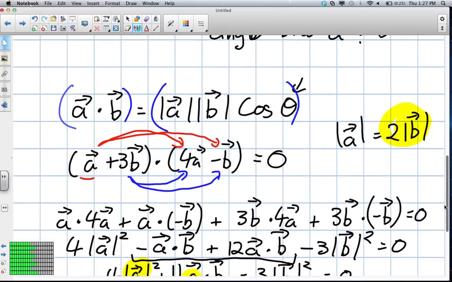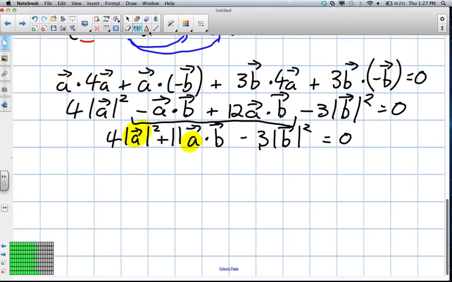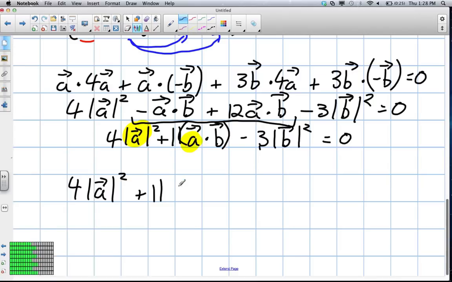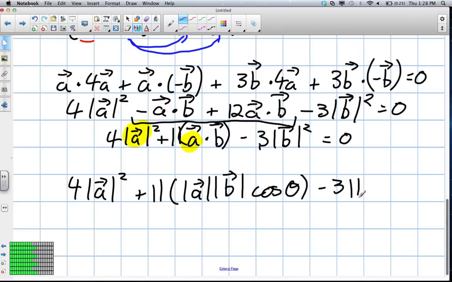So that's why we were having a little trouble. I knew we should have gotten a cos theta in there somewhere. Our AB, we're going to now replace that. In the next step, this still becomes 4 absolute value of A squared plus 11. I'm going to replace the AB with absolute value of A times absolute value of B cos theta, minus 3 absolute value of B squared equals 0.